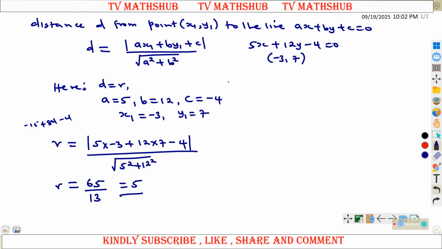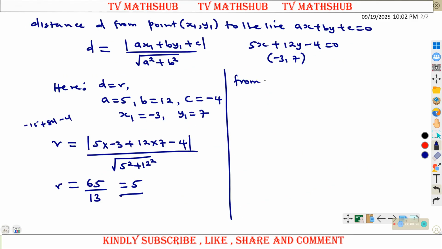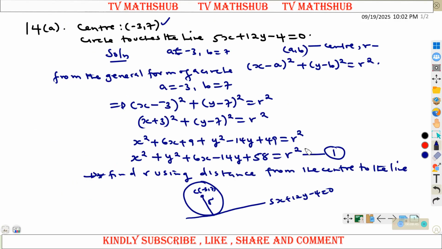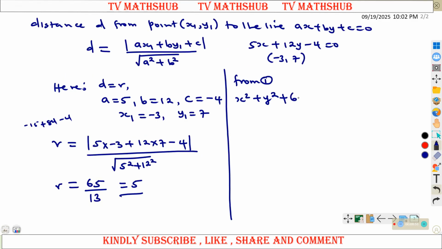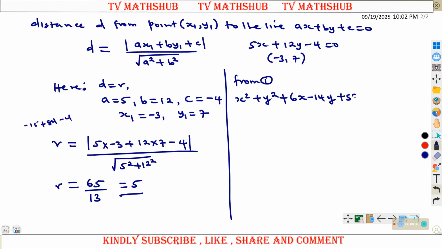So from here, after getting r as 5, we shall go back to our expression 1. So from 1, we shall have x squared plus y squared plus 6x minus 14y plus 58 is equal to r squared, that is 5 squared.